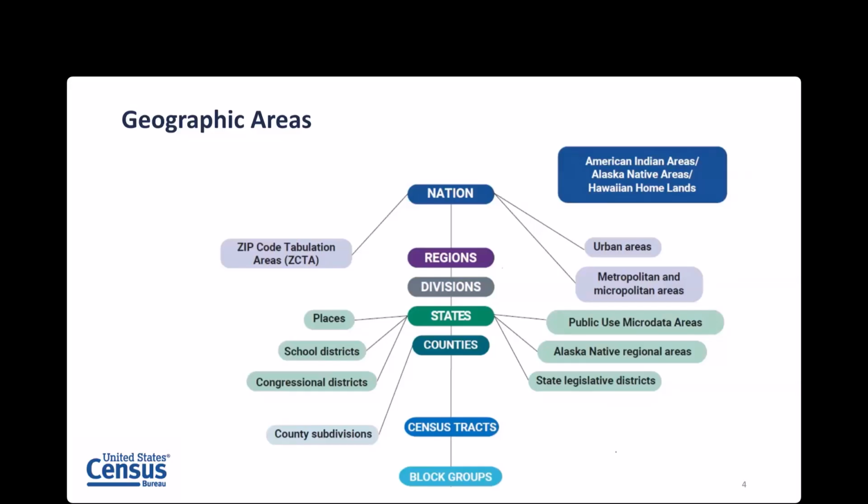So as an example, we can see here congressional districts have a direct line going up to states. That means that they would never cross state level boundaries, but that they don't necessarily have any relationships to counties, school districts, or census tracts.